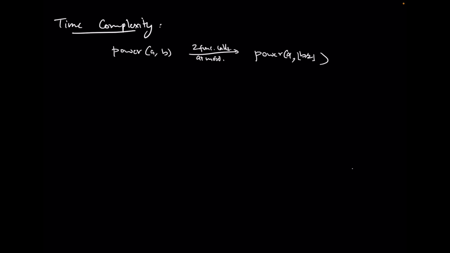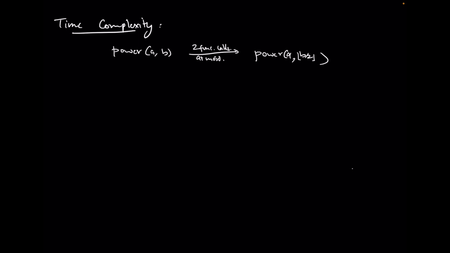But if b is odd, right, then we first solve the sub problem of power of a comma b minus 1, right? That has one function call, but b minus 1 is going to be even, right?